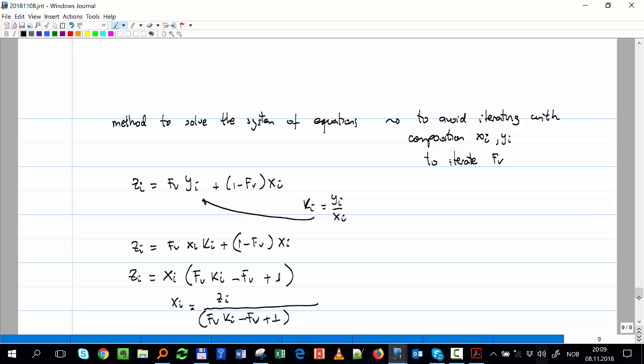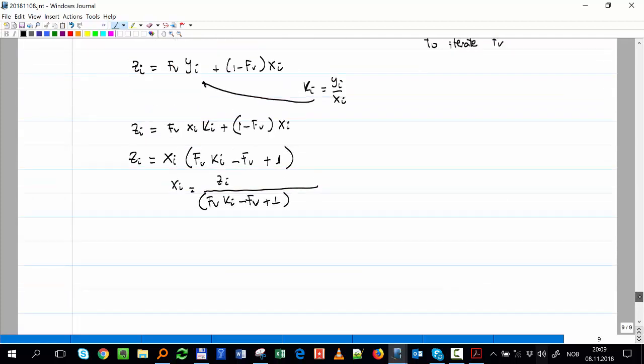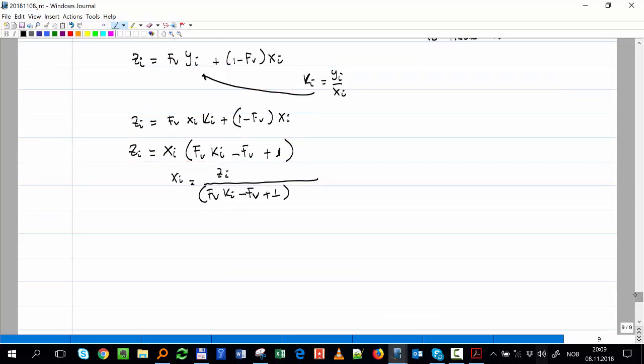And now I'm almost very close. You see, in all the terms on the right, I don't have any more yi, xi. I don't have anything. Now, I use the equation that the sum of xi is equal to 1, and the sum of yi is equal to 1. Therefore, the sum of yi minus xi should be equal to 0.